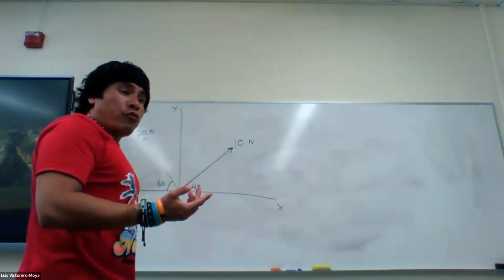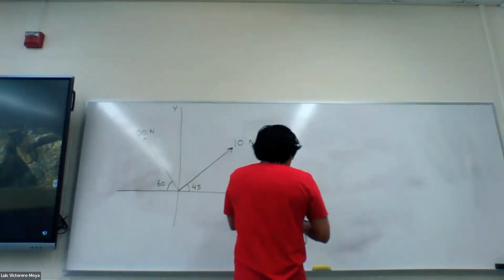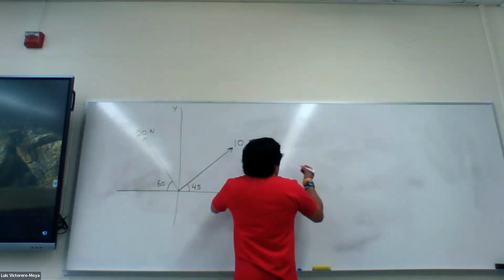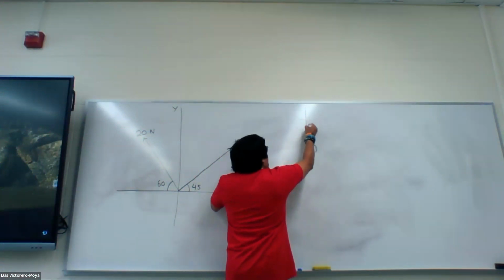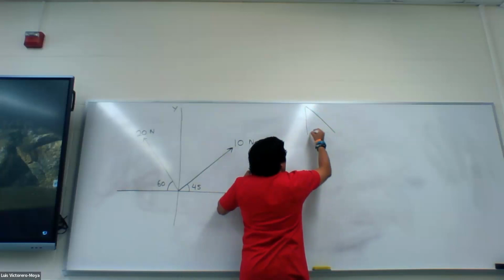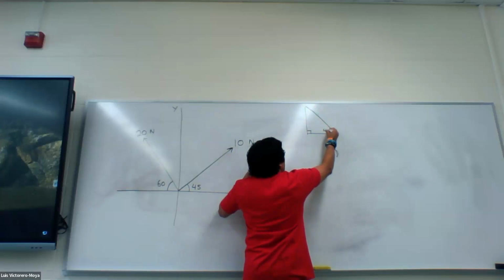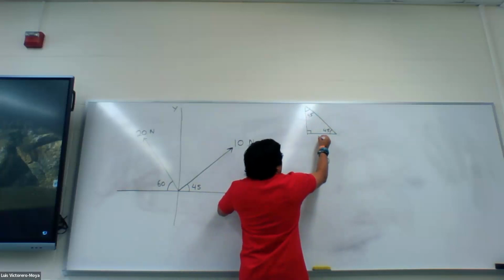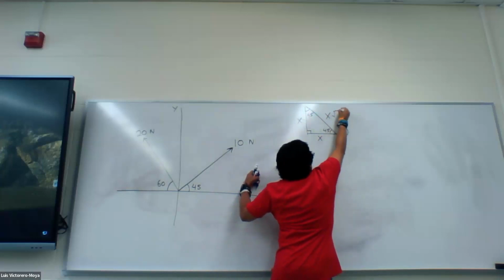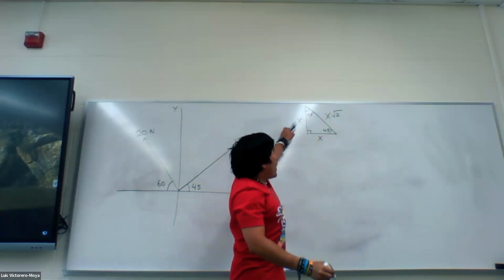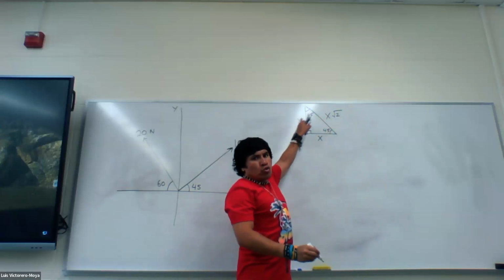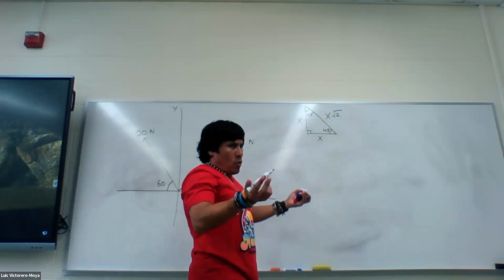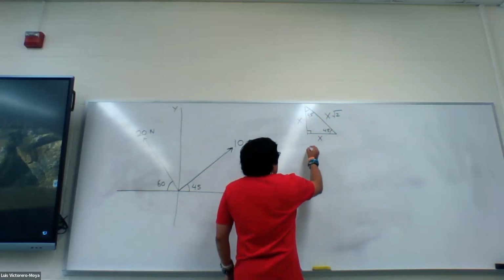The first one is the 45-45, which is this. (45, 45). That's like x, x root 2. So 1, 1, root 2, and 2, 2, 2 root 2, and so on.